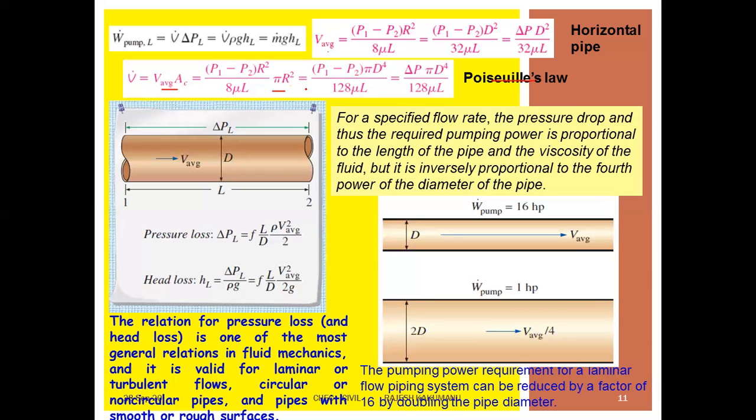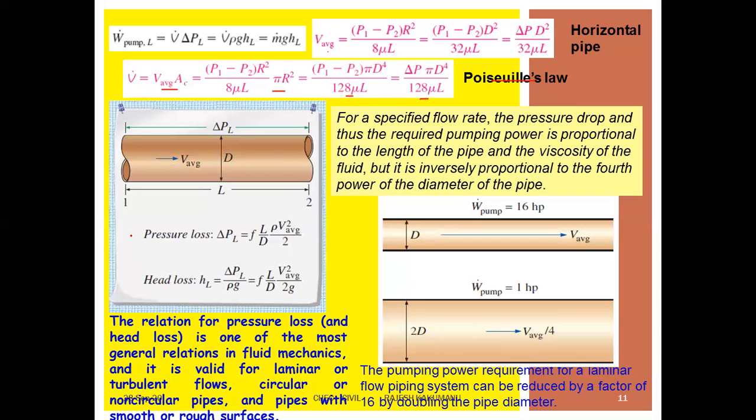So if we simplify this further, we will get (P1 minus P2) pi d square by 128 mu L, converting radius to diameter. Then P1 minus P2 is delta P, so delta P pi d square by 128 mu L. Got it?